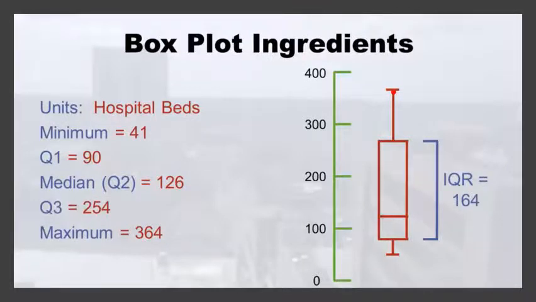So we connected them here. Then label your IQR, your interquartile range, which was 164. Remember that we calculated that several slides ago. This whole area is what our IQR is.